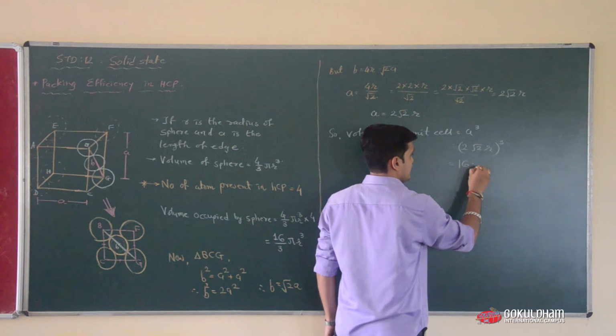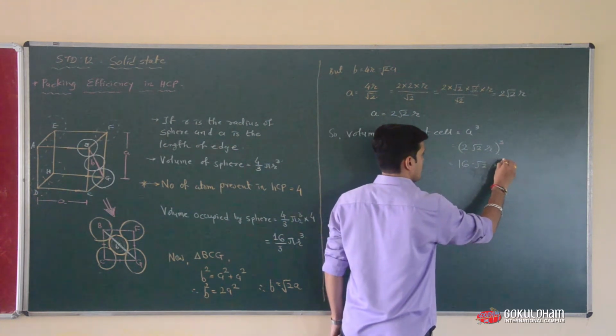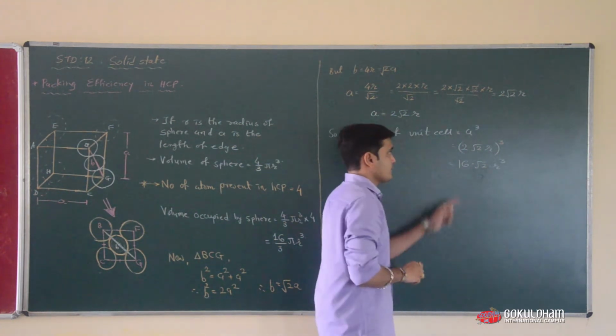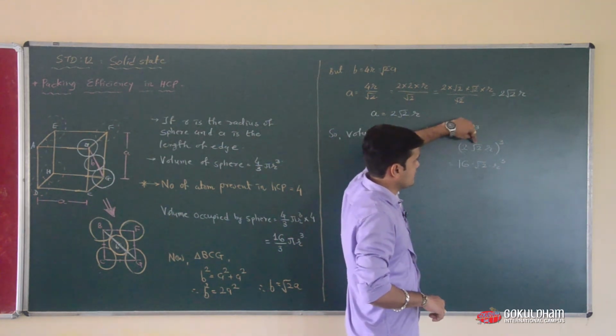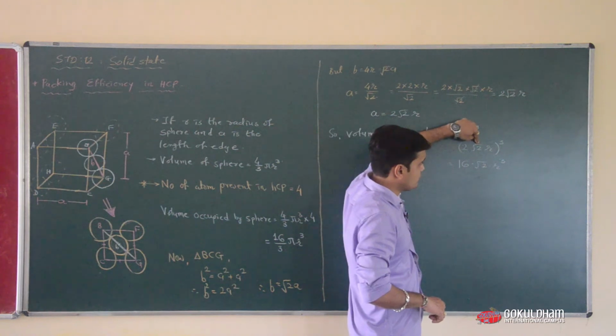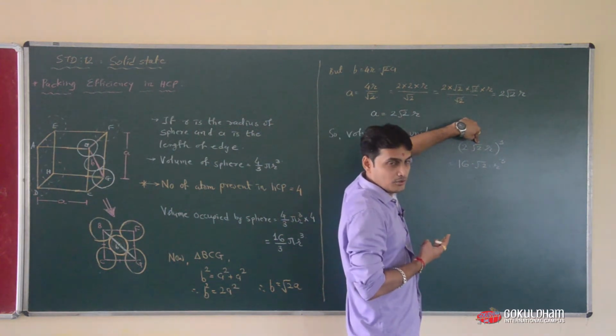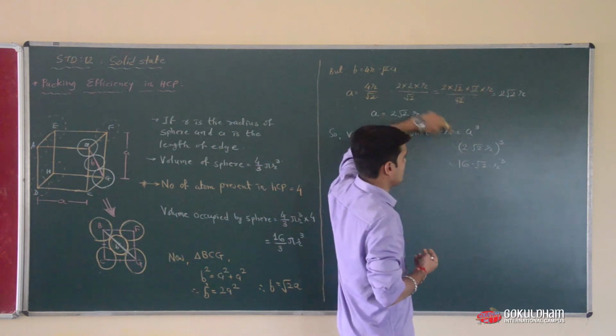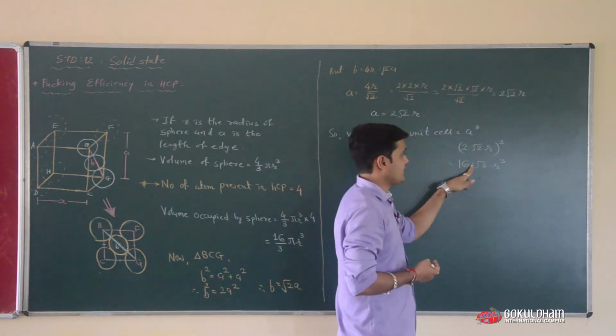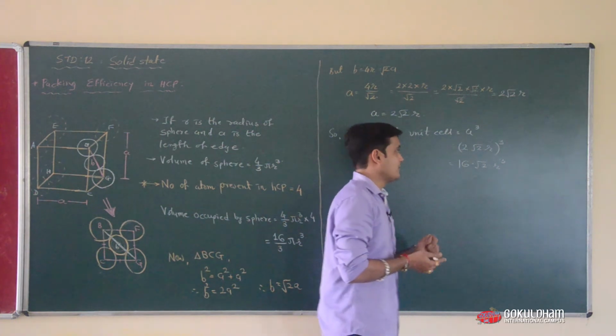So 16 into under root 2 into r cube. 2 cube is taken as 8. Three under root 2 are there, so two under root 2 will convert into 2. So 8 into 2, 16 into under root 2 into r cube.